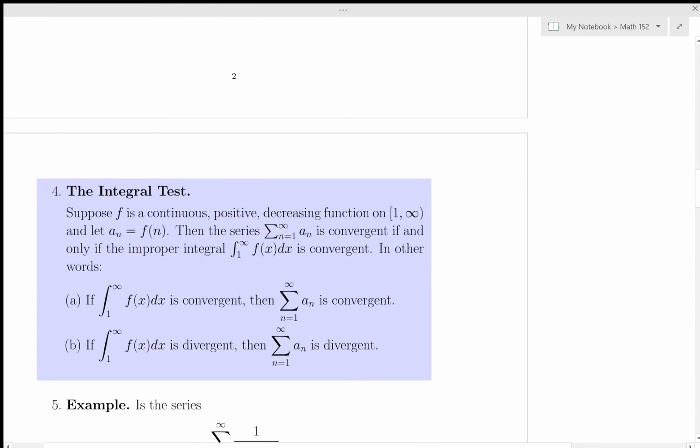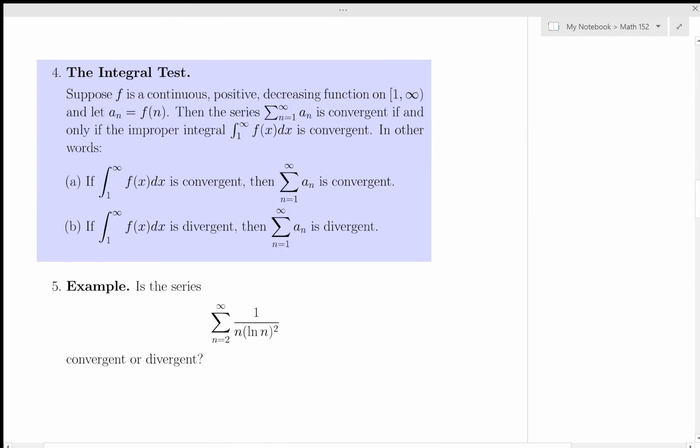So let's just formalize that here with what we're going to call the integral test. Suppose we have a function, continuous, positive, decreasing on 1 to infinity, and let a_n be f of n. So we're going to choose the values at the integers of the domain.